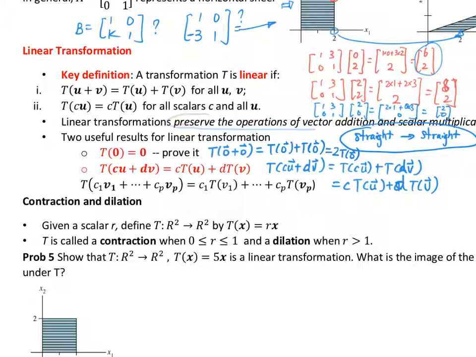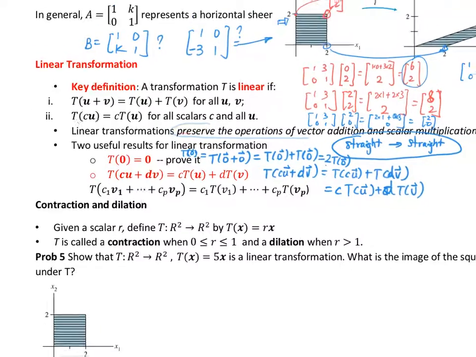The left side is T of the 0 vector, and the right-hand side is 2 times T of the 0 vector. Therefore, T of 0 has to be 0, which proves this result.